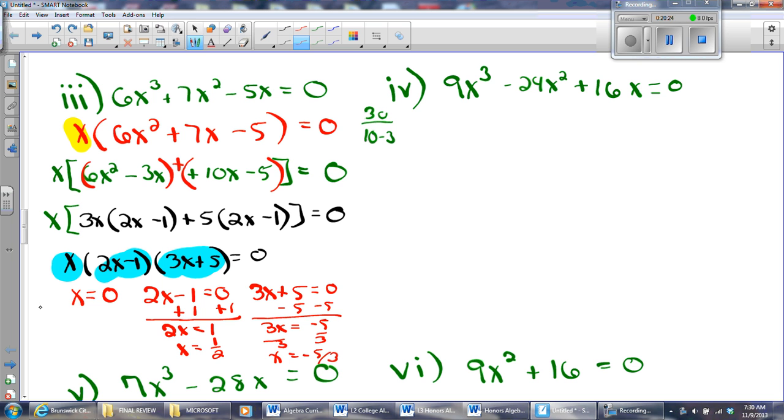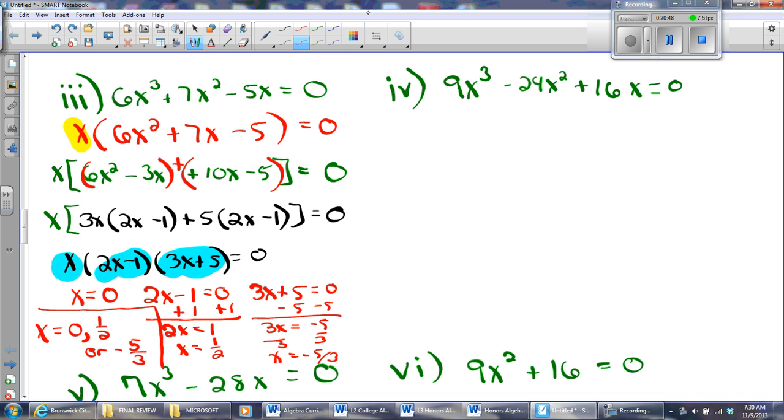So my three answers are that x could equal 0, 1 half, or negative 5 thirds. Any one of those numbers substituted in for x into the original problem will cause the whole equation to go to 0. All right. I'm going to erase that so it's out of my way for work purposes.